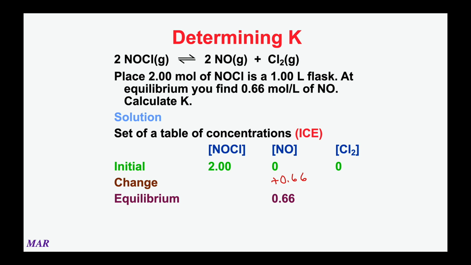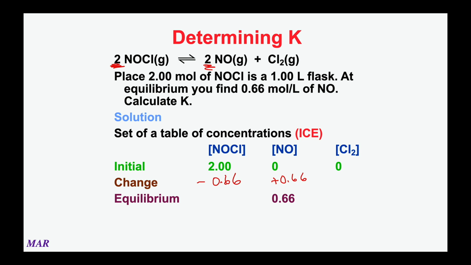So NOCl broke down to make the NO. And you can see from the stoichiometry of the reaction up above, 2 NOCl's make 2 NO. So if 0.66 moles of NO were made per liter in this reaction, and the stoichiometry is 2 to 2, that means that the NOCl had to go down by 0.66. Again, you can't make something from nothing. So NOCl went down by 0.66, while NO went up by 0.66.